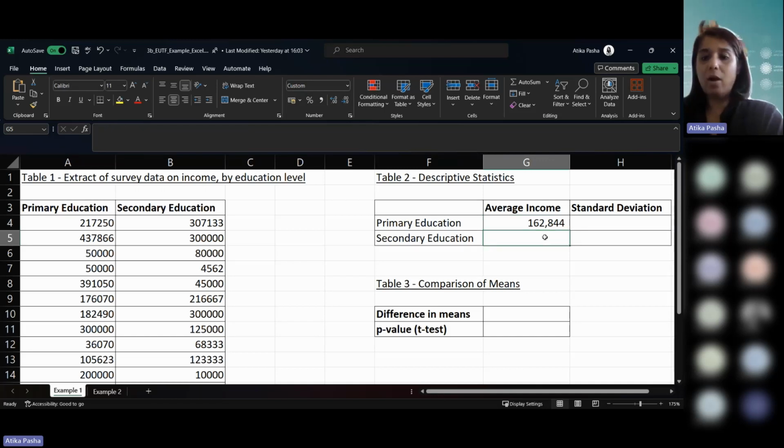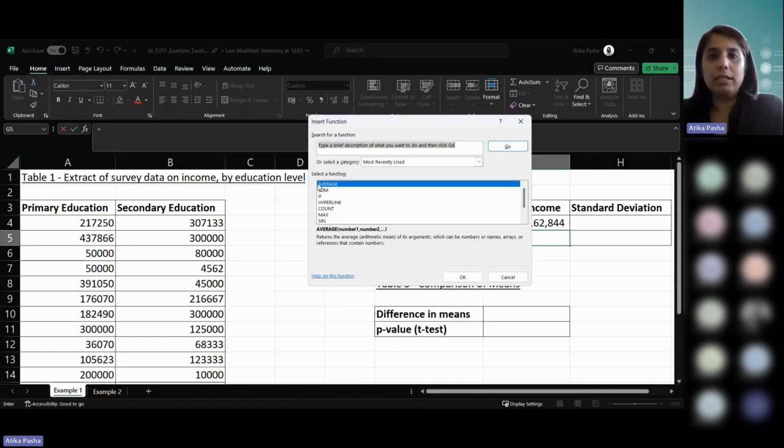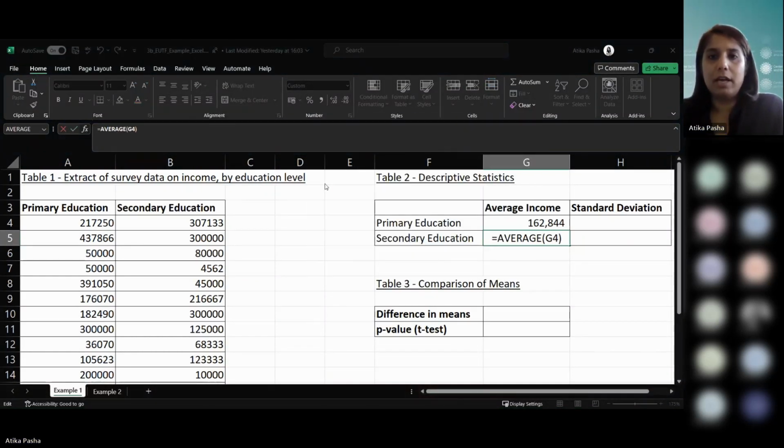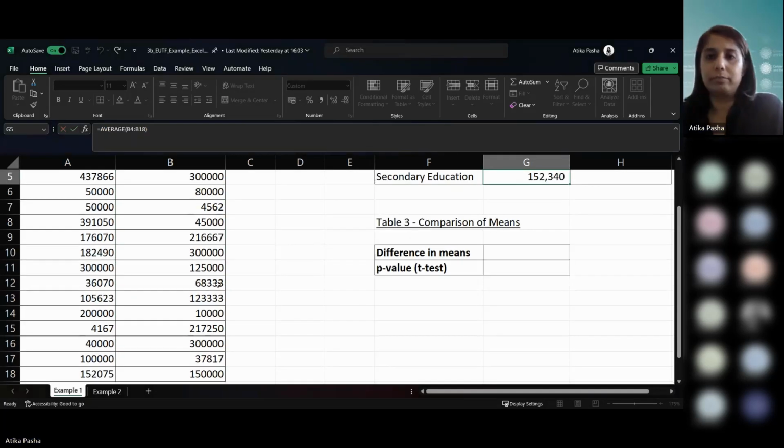I'll repeat it now for everyone who has secondary education. Again, click on this formula, select average, and then select all the individuals who have secondary education in your sample. So you click and you select all of them.